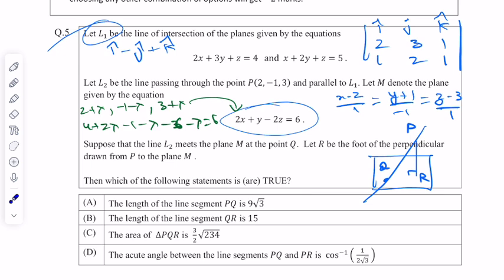Wait a second, why does it feel like the point P itself satisfies this? We have 2, that is 4 minus 1. Okay, no, it does not satisfy this. If we put the values, we can try to get the answer. But wait a second, we have 1, minus 1 and 1.